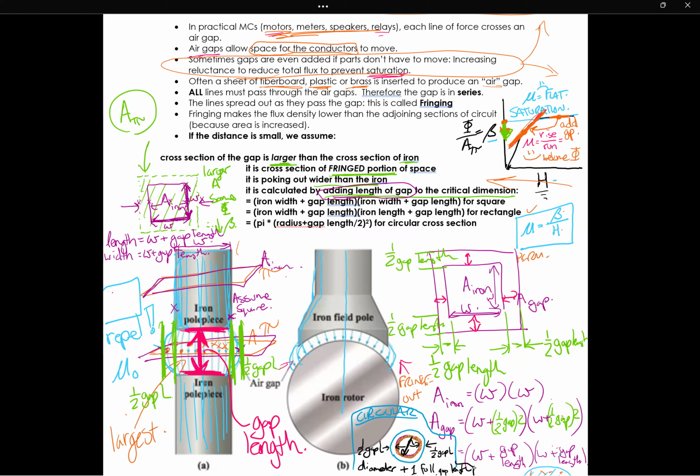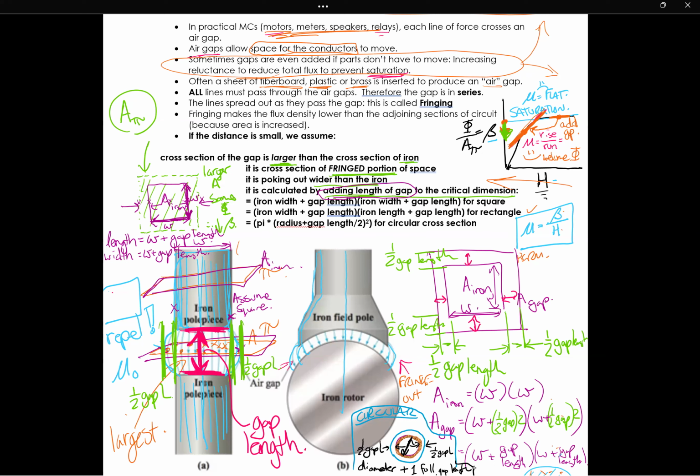So what we've done then with a gap is that we've fringed out those magnetic lines of flux. And with them being fringed out, we have increased the cross-sectional area. Because we've increased the cross-sectional area and we haven't increased the number of lines of force, we have decreased the flux density. Since we've decreased the flux density, we have pulled ourselves down the y-axis on the BH curve.